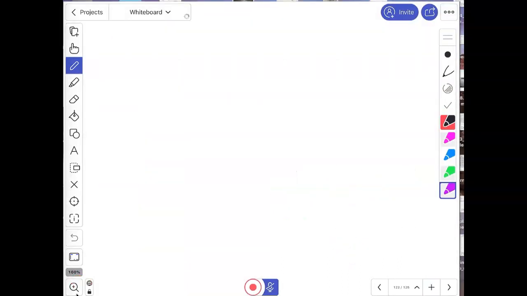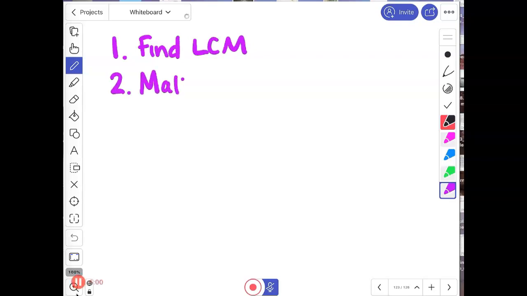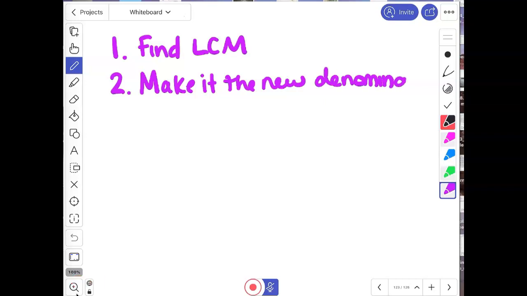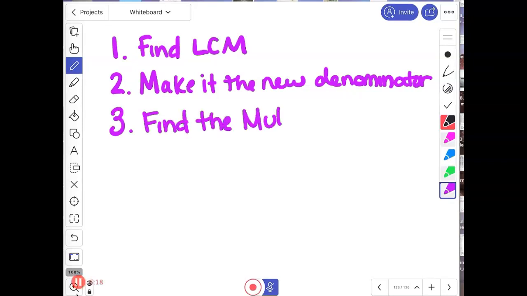So our steps were: find the LCM, make it the new denominator. You should be writing this. Find the multiplier for each.